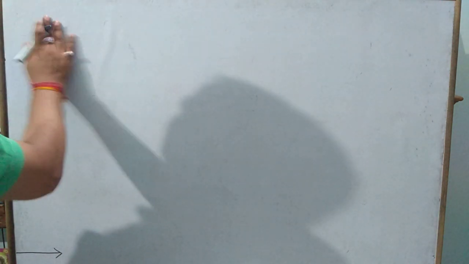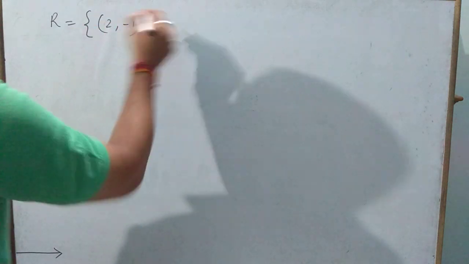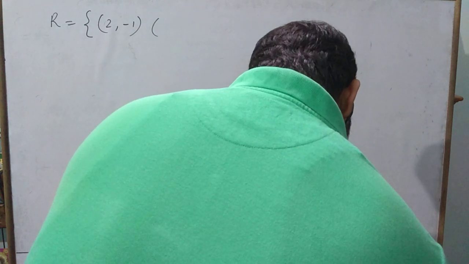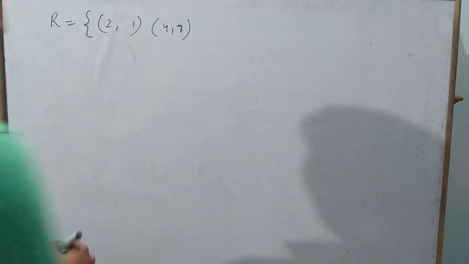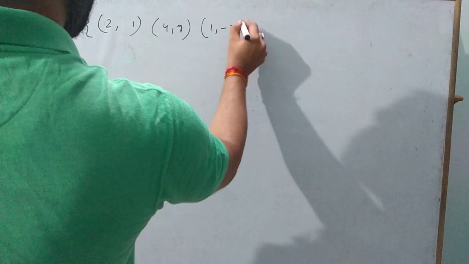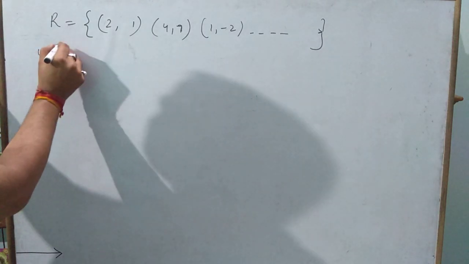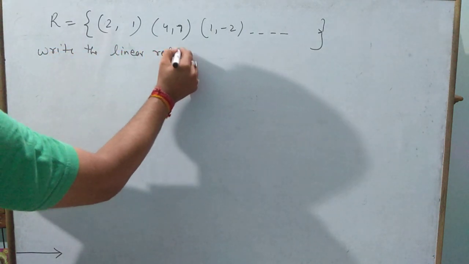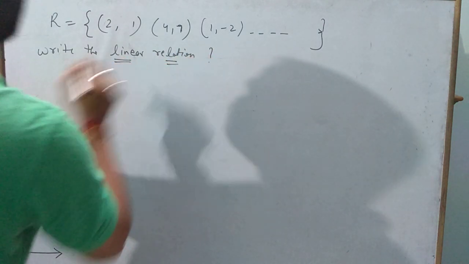Now suppose a relation is given like (2, 1), (4, 7), (1, -2), and so on. The question says write the linear relation. There is an important word here: linear.